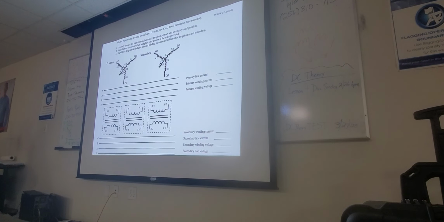Alright, so now we have a Y primary with a primary line voltage of 4152, 200 kVA transformer with an 8.66 to 1 turns ratio and a Y secondary.